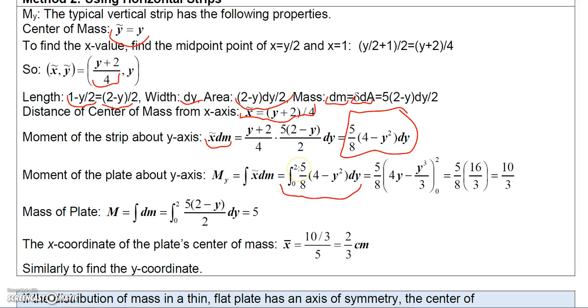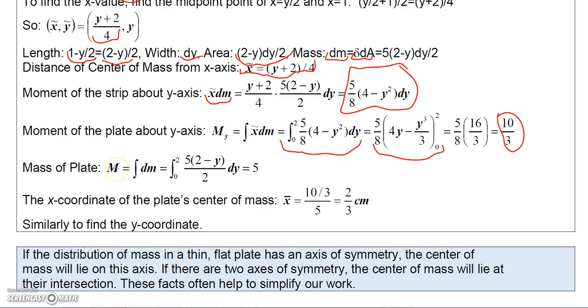I'll let you go through the math of integrating, but if you evaluate it from 0 to 2, you actually get 10/3 for the moment of the plate about the y-axis. And then if you integrate the dm to get the mass, you'll just integrate this function here from 0 to 2, and I'll leave you to do that, and you'll actually get 5 for that.